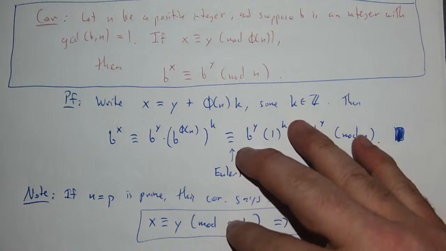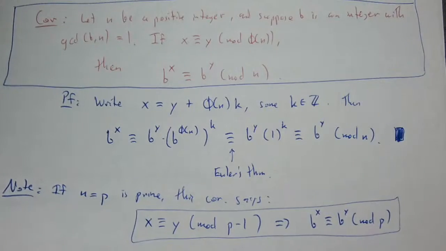So, a couple of examples of this corollary, and then I'm going to finish up with a proof of one of the things that I said I would prove a bit later.